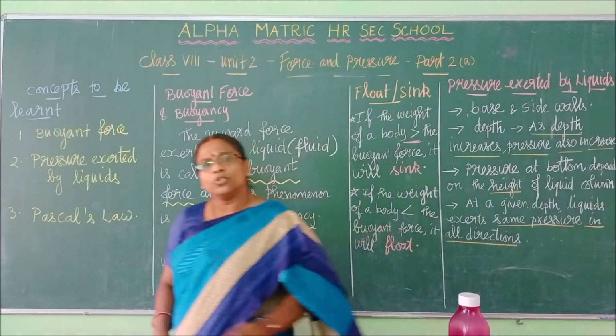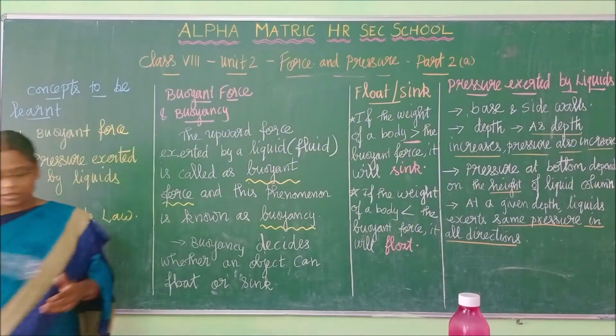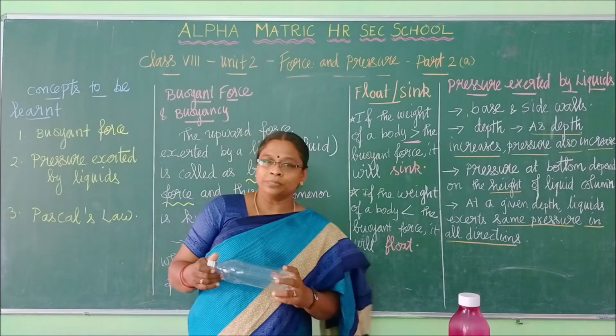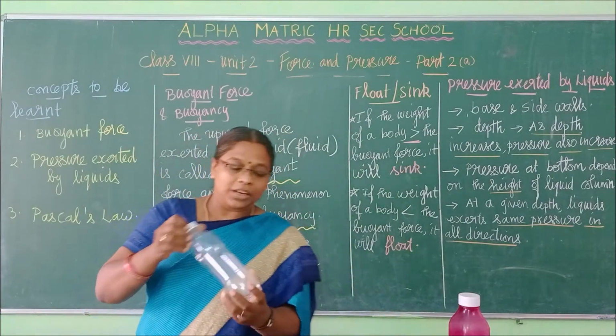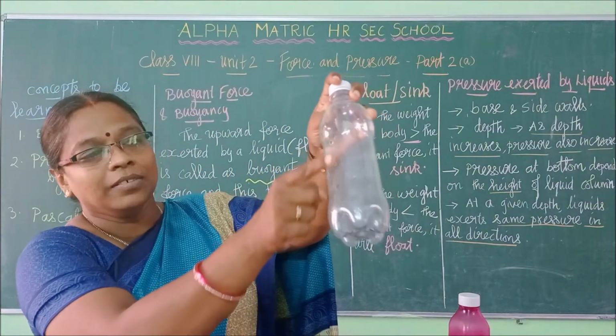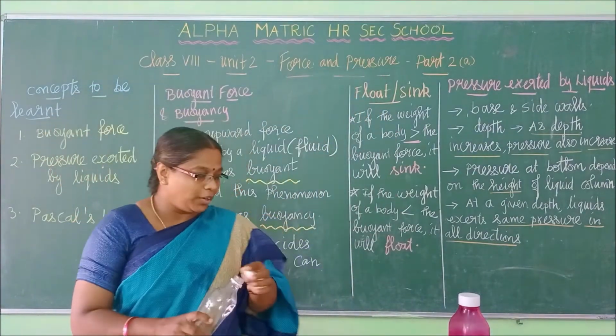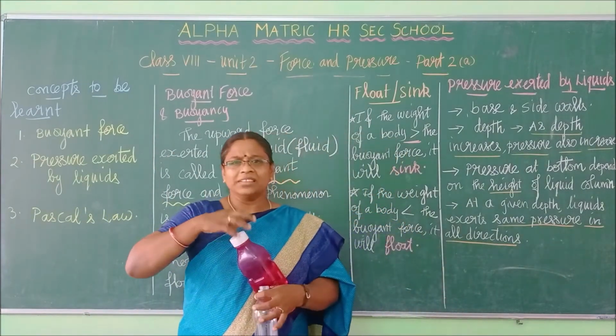For this, we are going to do one activity now. Kindly watch. I have a water bottle here, but without water. I have made 3 holes in this, at different heights. Right now, I am going to pour water in it. You can try this at your home.